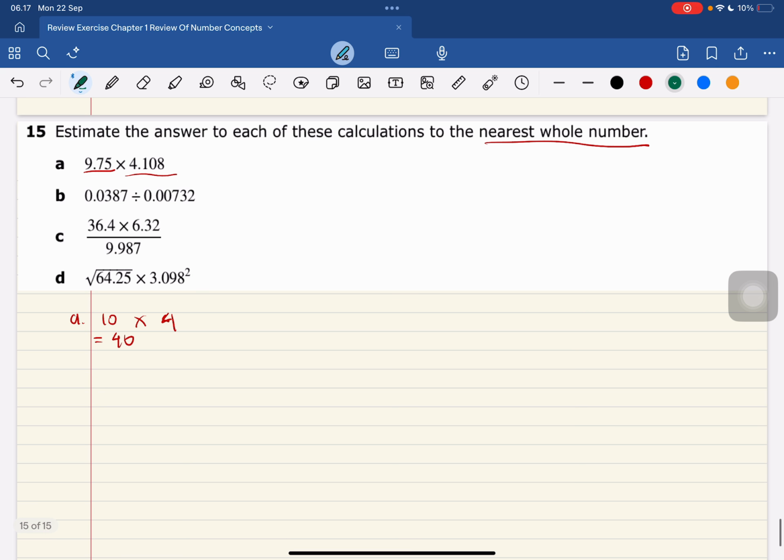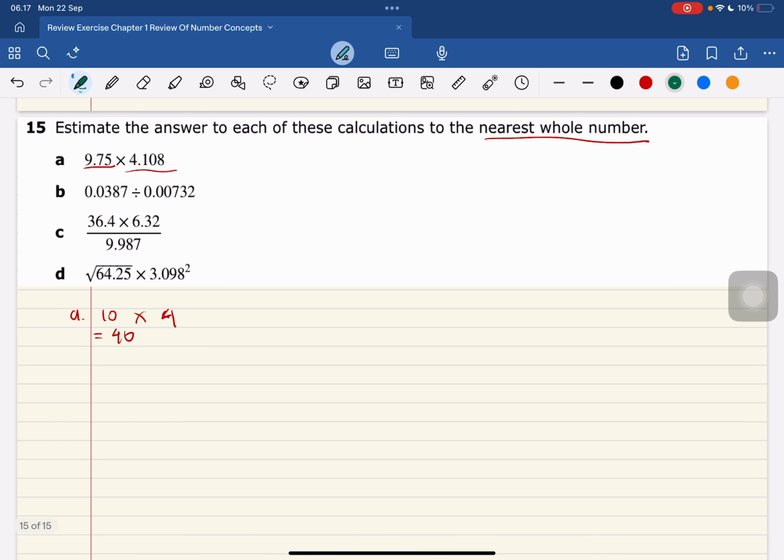Next, the nearest whole number of 0.0387. How can we make it to the nearest whole number? Yeah, let's see it first for B. So for C, the nearest whole number is 36.